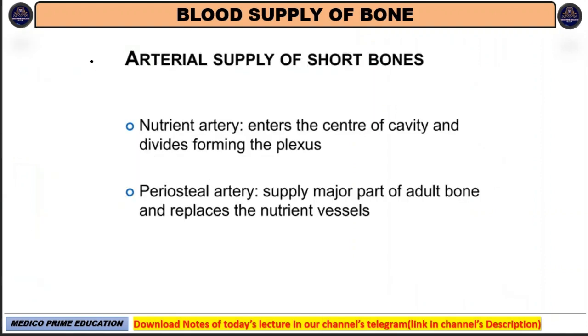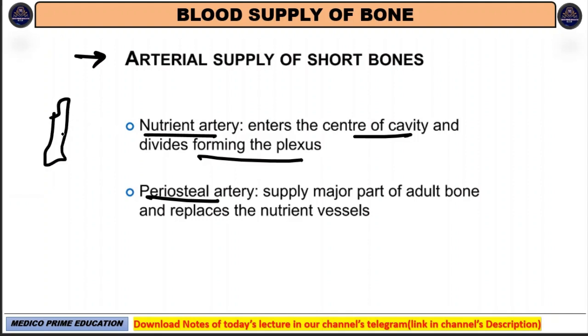For the short bone, we have to remember two arteries: the nutrient artery and the periosteal artery. How does the nutrient artery enter? It enters the cavity and divides to form a plexus. Suppose this is the short bone and this is the nutrient foramen; the artery enters the cavity and divides, forming the plexus like that.